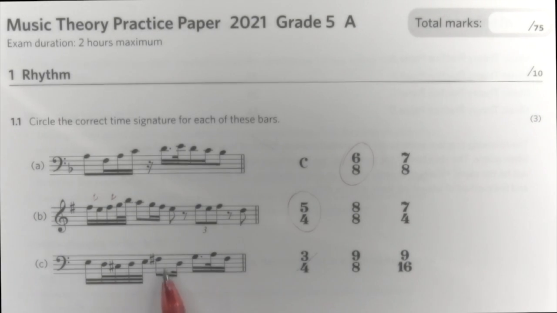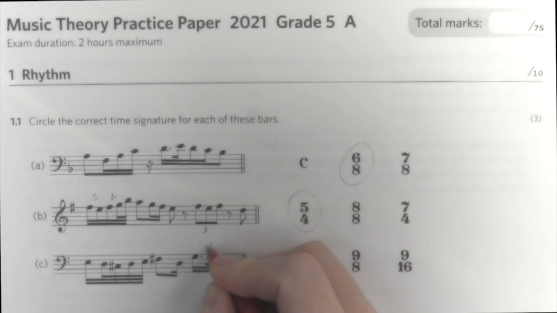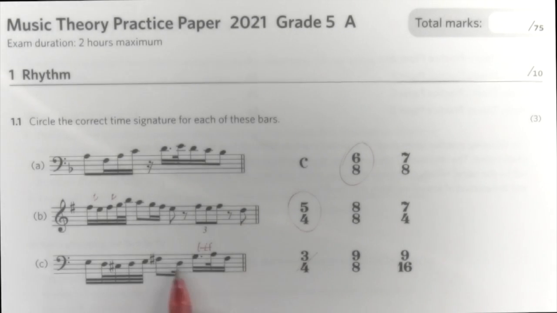We don't seem to count in quavers because we have just 1 quaver here, and look at here, we have 1 semiquaver, 1 semiquaver and another semiquaver. So here we have 3 semiquavers. And if this pattern is confirmed also in the other 2 groups of things, we are in 9/16.